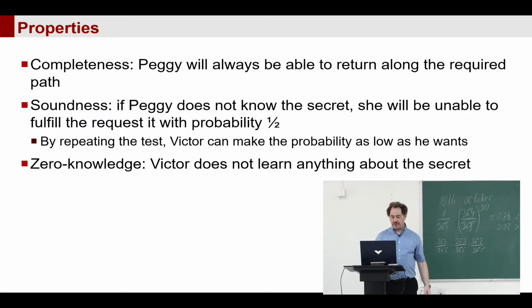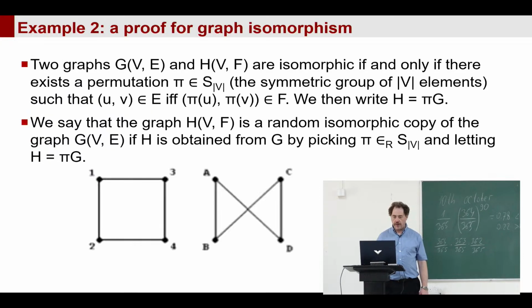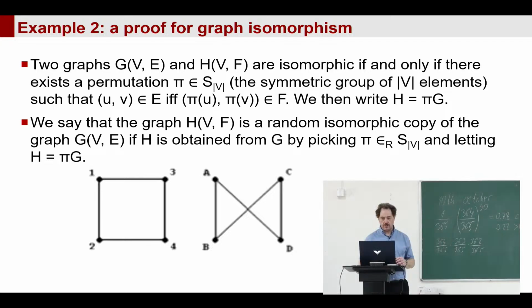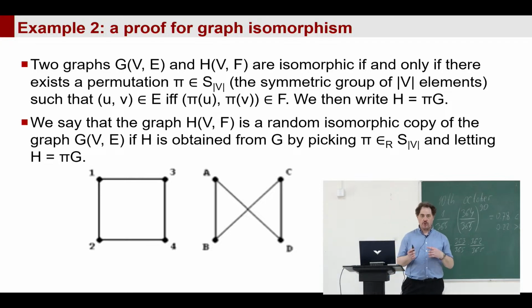So that was a simple example. Now let's take a look at more complicated examples of zero knowledge proofs, which are also used in practice. Example 2: a proof for graph isomorphism. What is a graph isomorphism? Two graphs with the same set of nodes are called isomorphic if and only if there is a mapping between the nodes of the 2 graphs.